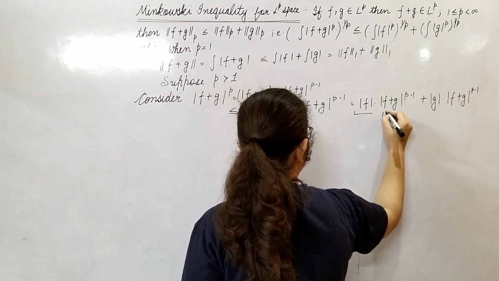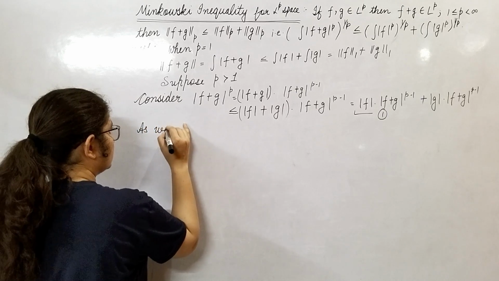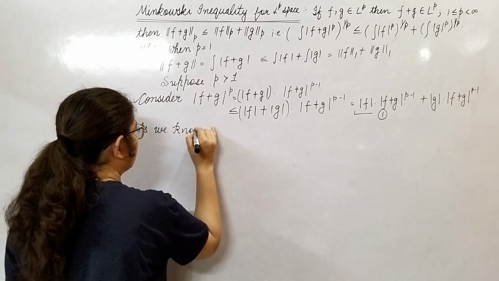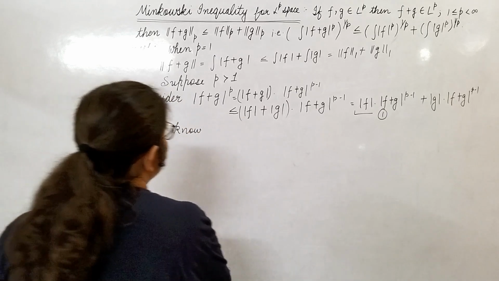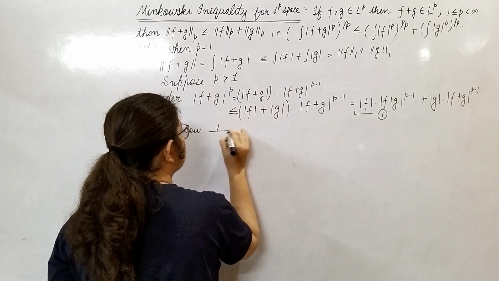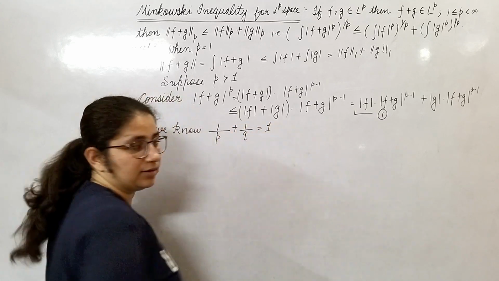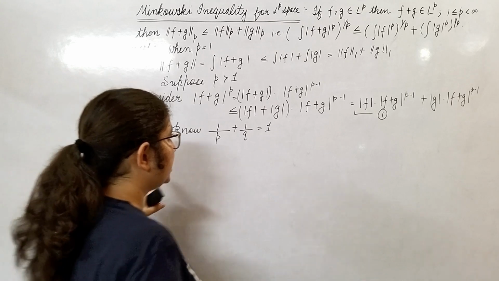This is your equation 1. As we know, here also the relation between P and Q is 1 by P plus 1 by Q equals 1.